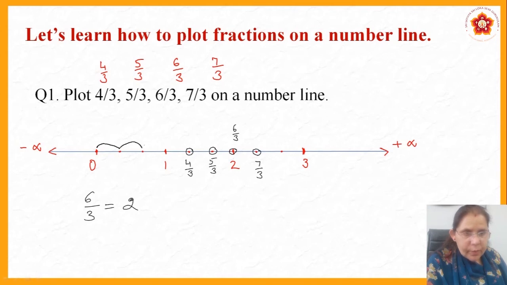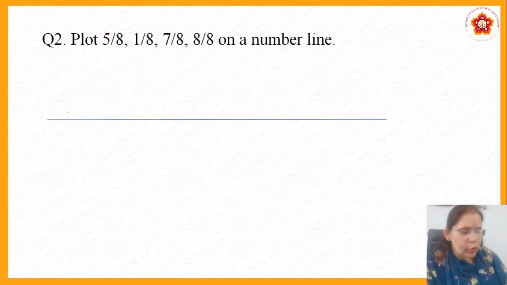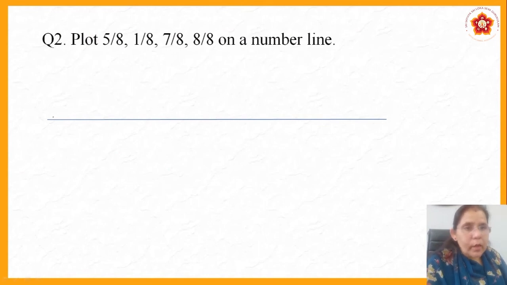Starting from 0, this is 1, 2, 3, 4, 5, 6, and 7. So this is the 7th point. Moving on to the next question. Plot 5 upon 8, 1 upon 8, 7 upon 8, 8 upon 8 on a number line.